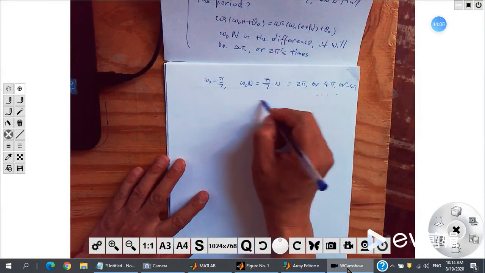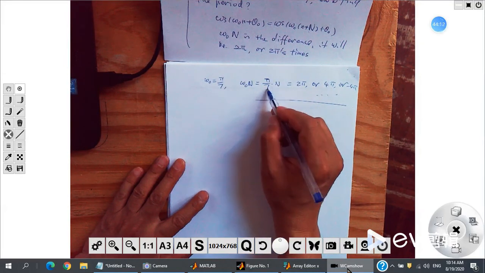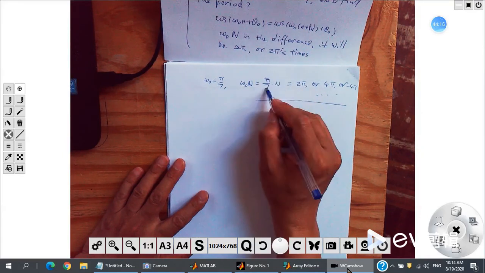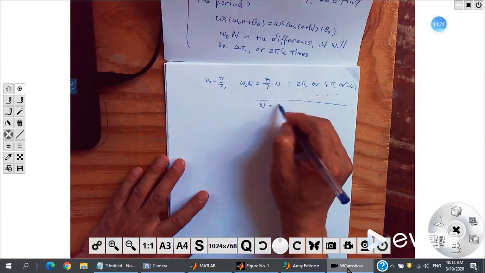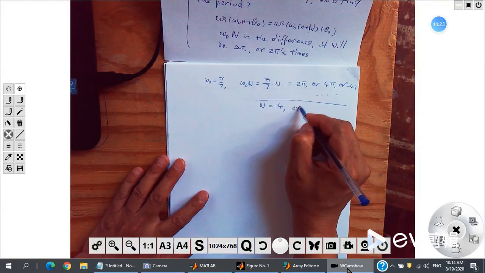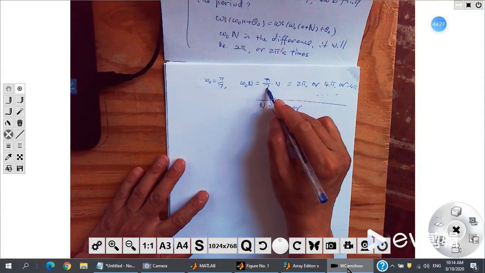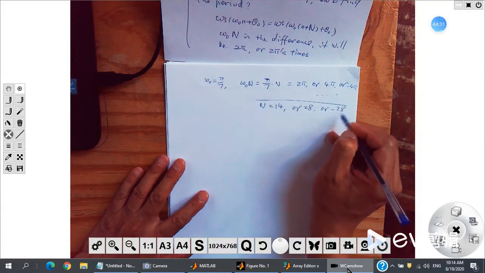You list them here, so you can see how to make n an integer. Pi cancels, and the 7 moves to the other side, it's just times. So n equals 2 times 7, or 14. Or for 4 pi, there will be 28, or negative 28, and so on.